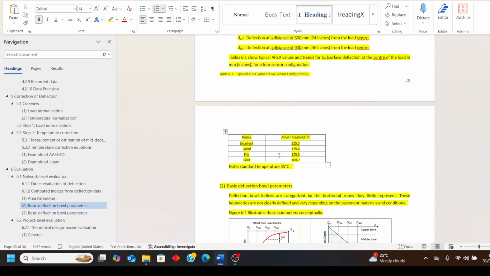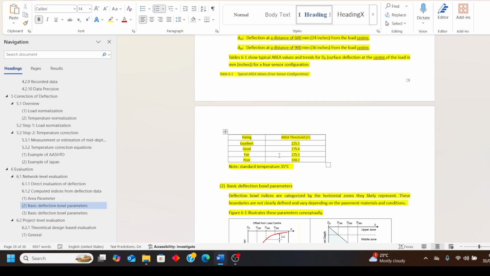It also has threshold-based evaluation, which compares the indices to standard thresholds to classify the pavement from good to fair to poor.